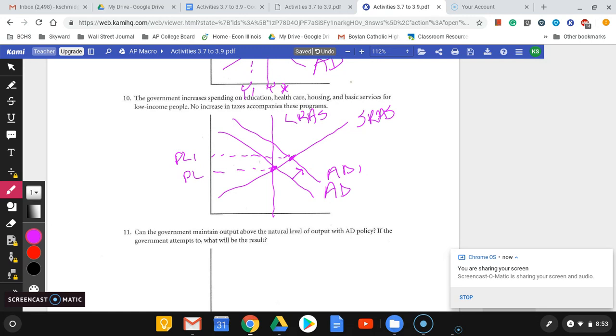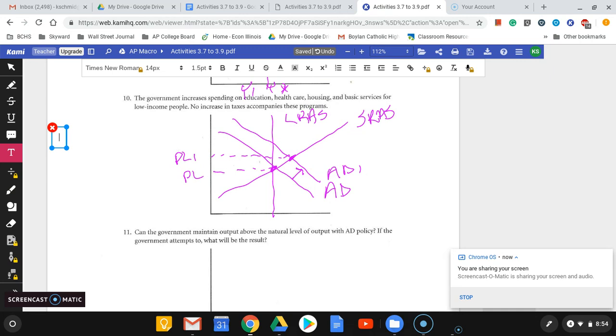I'm going to put in a text box here. So the increase in government spending increases aggregate demand, just like we've shown on the graph. The price level goes up. Real wages will fall.